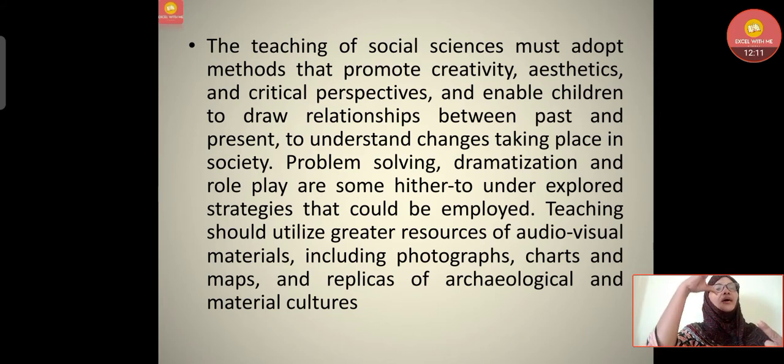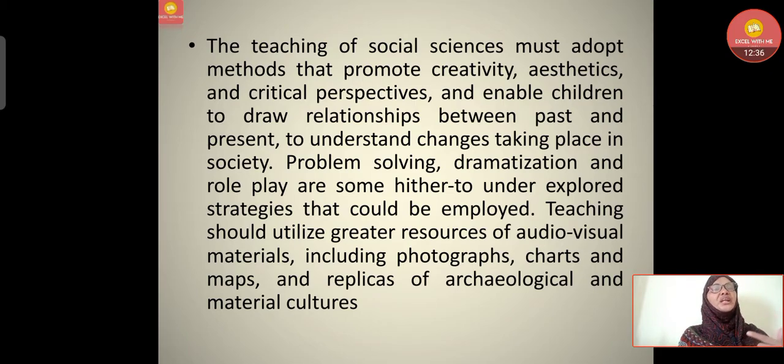That means understanding the natural beauties and critical perspectives, and enable children to draw relationships between past and present to understand changes taking place in society. And problem solving, dramatization and role play are some hitherto under explored strategies that could be employed.